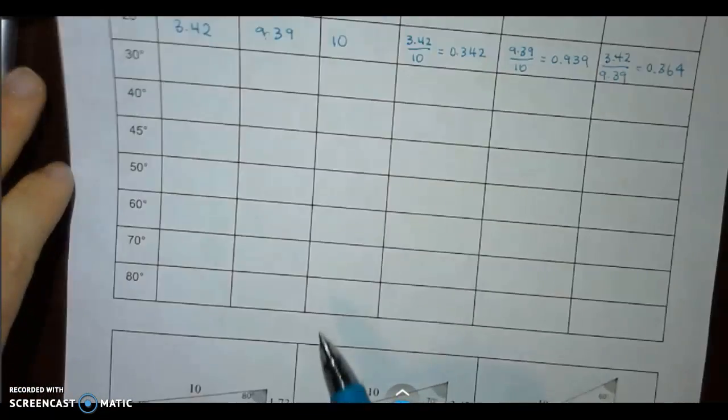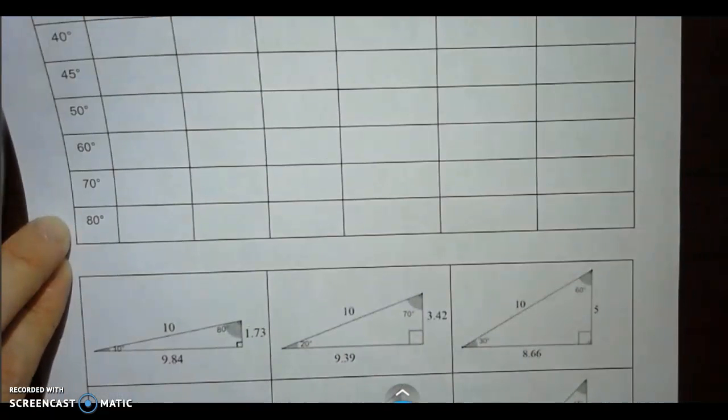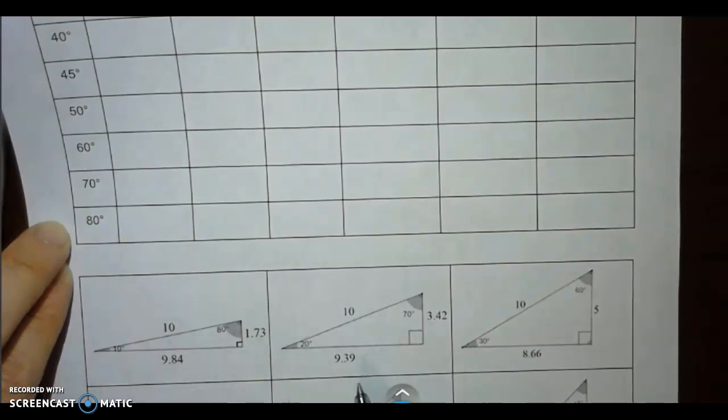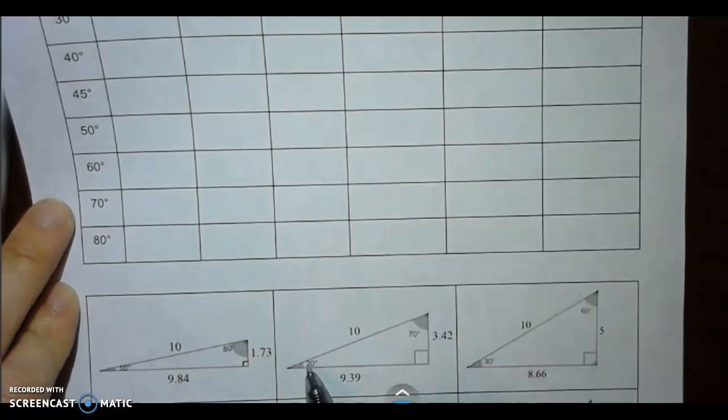Okay, so you get your measurements from each of these triangles. You're not going to find the 50, 60, 70, 80 degree triangles by looking at it as obviously, but instead, you're going to find 70 degrees here. So for 20 degrees, the other reference angle is 70 degrees, isn't it?